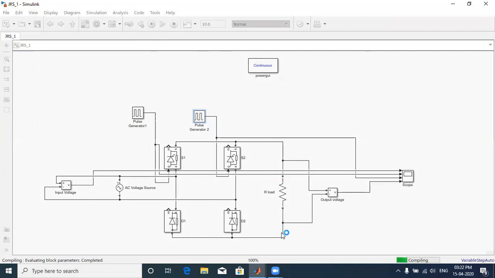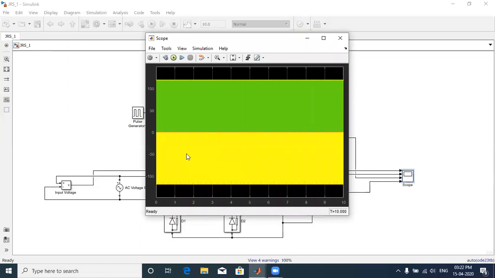This design is getting compiled. So now for seeing the waveforms, double click on the scope. So now you might be seeing all the different waveforms have got overlapped. Whatever the four inputs of the scope, whatever the measurement is done by the scope, they have got merged with each other. So we will separate them out.